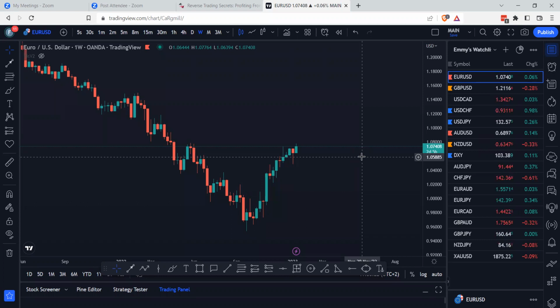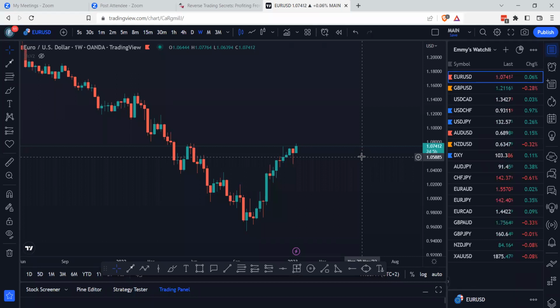There are times that your entry model might align at any given time. But if your entry strategy, your model, is not in confluence with market structure, that means you are trading against structure, so most likely you will be in a lot of failed trades.